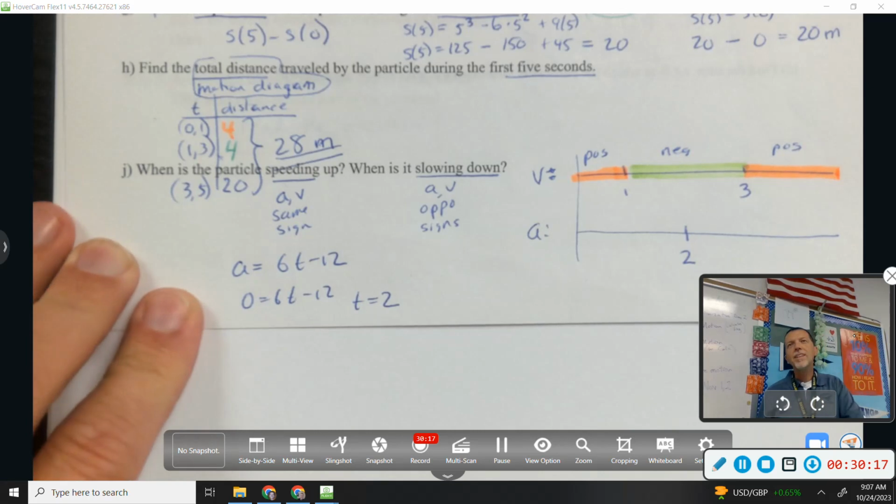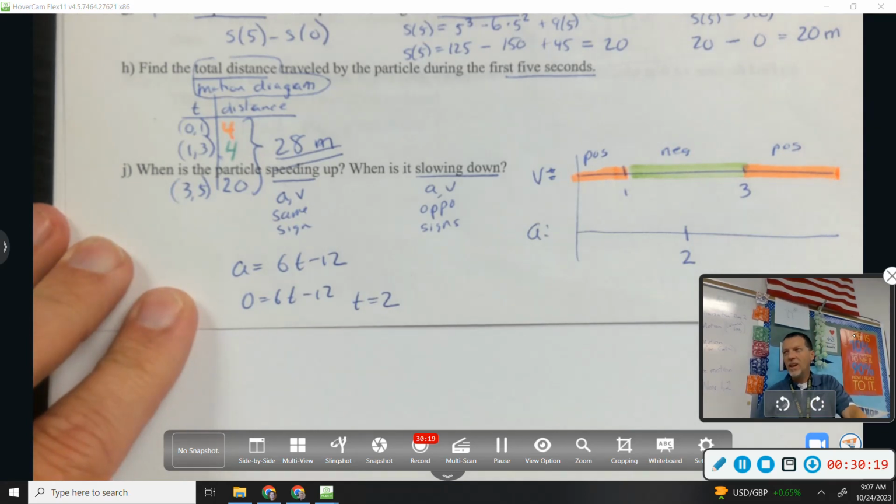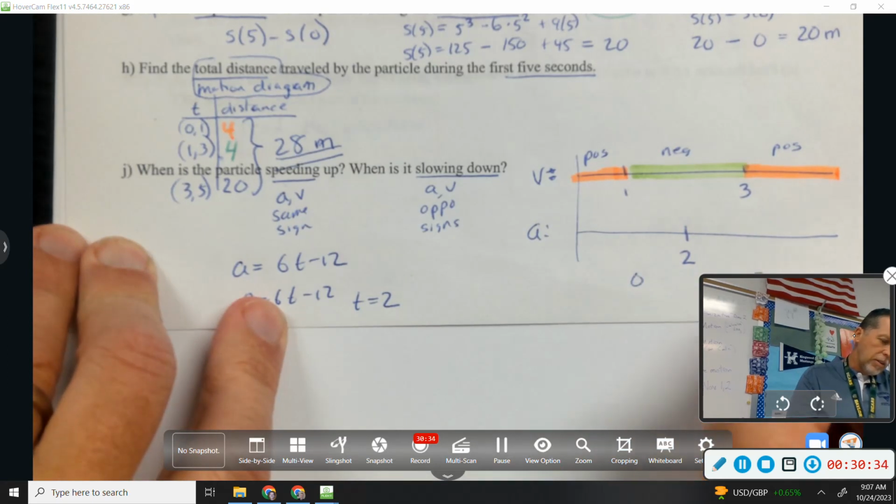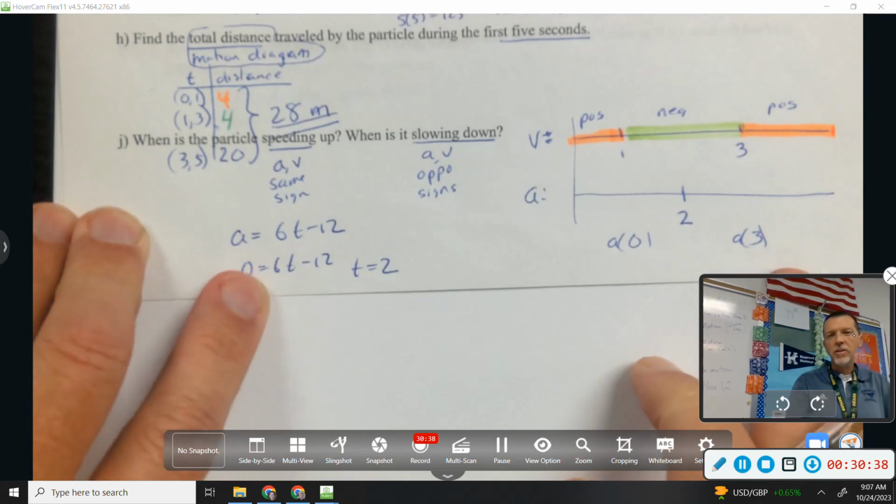Now I'm doing that same number line thing, where we test intervals and see if it's positive or negative. If we're talking graphing, this would be the concavity test, the second derivative test. We're doing motion, so the second derivative is acceleration. So plug in 0 and 3 into acceleration.